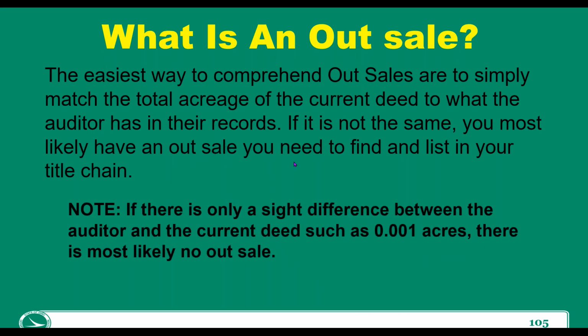So keep in mind, if there's just a slight difference between the auditor and the current deed, such as 0.001 or 0.002, a very small percentage, there most likely is no outsale. Most surveyors put in their legal description "more or less," which covers that 0.001, and you'll see that more in older deeds with very large amounts of acreage, or I've seen it with 1 acre.